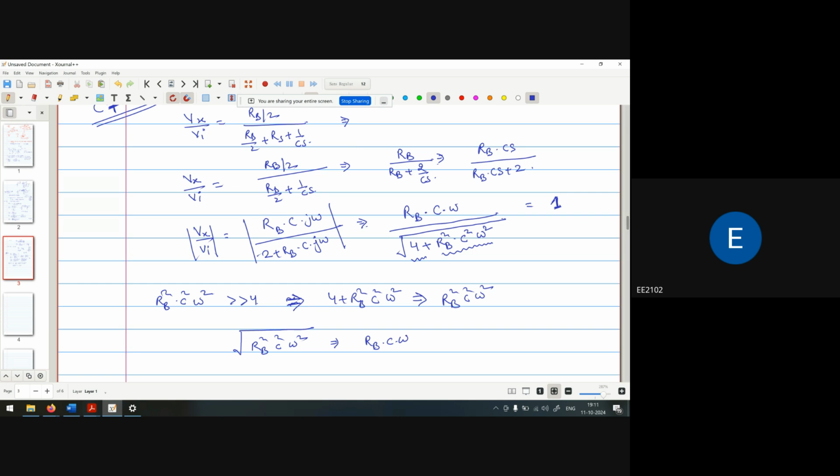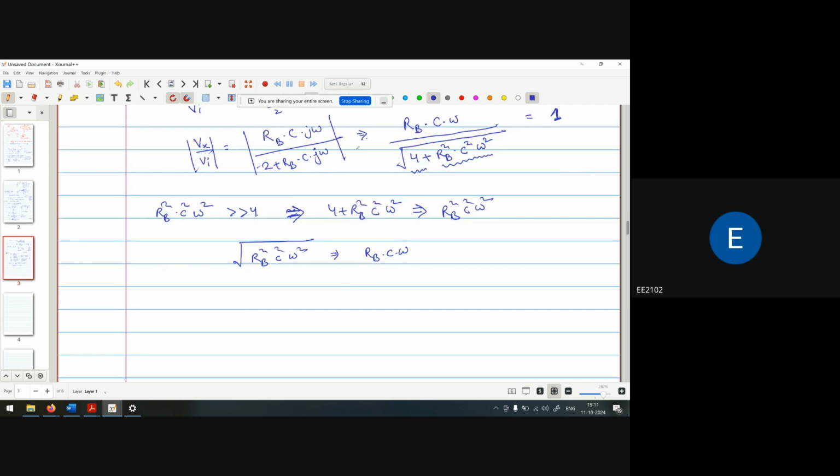When I put this value in here, Vx upon Vi is Rb into C into omega upon Rb into C into omega. Remove this, and it is equal to 1. But this is only considerable when Rb square into C square into omega square should be greater than 4.